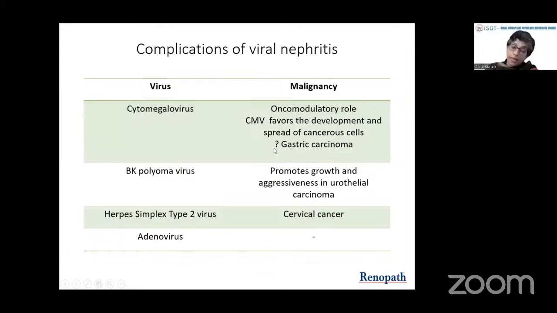And there is a query whether CMV has a role in gastric carcinoma in allograft recipients. BKV is thought to promote growth and aggressiveness in the urothelial carcinoma of either the bladder or the ureter or the renal pelvis. HSV2 is associated with cervical cancer. As of now, adenovirus is not associated with any malignancy.